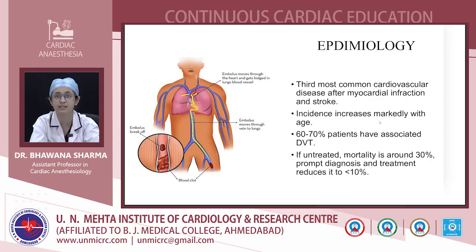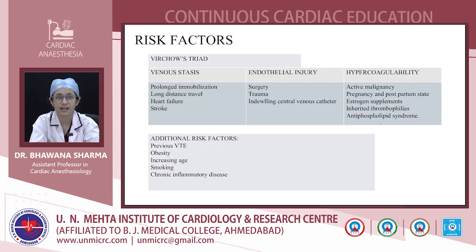Coming to the risk factors, the most commonly identified risk factors come together as Virchow's triad, which comprises venous stasis, endothelial injury, and hypercoagulability. Venous stasis is because of prolonged immobilization, long distance travel, heart failure or stroke.